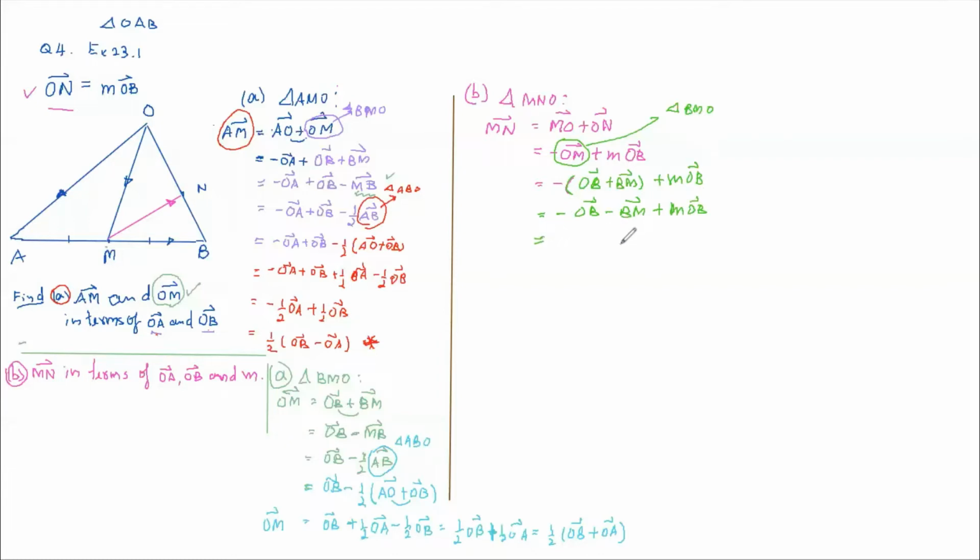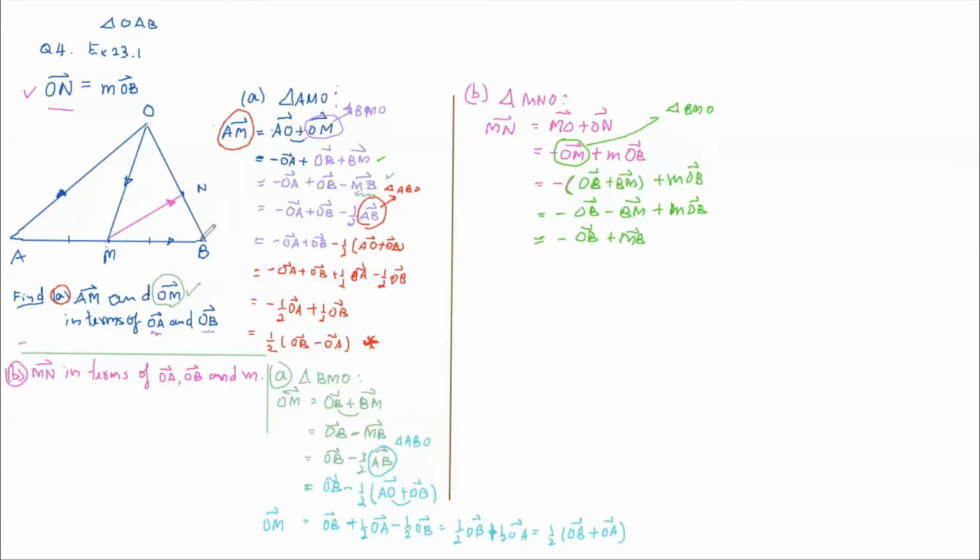Again, BM is similar to this one. We have the vector MB here, but this is BM, the opposite direction, so minus BM becomes plus MB.